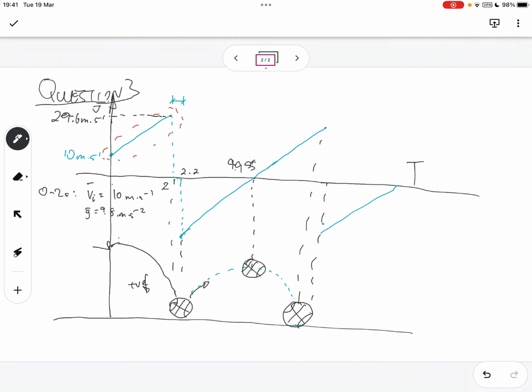Yeah. So when it stops moving up, that's this point here at 4.955 seconds. That's when it changes direction from bouncing up to coming back down.